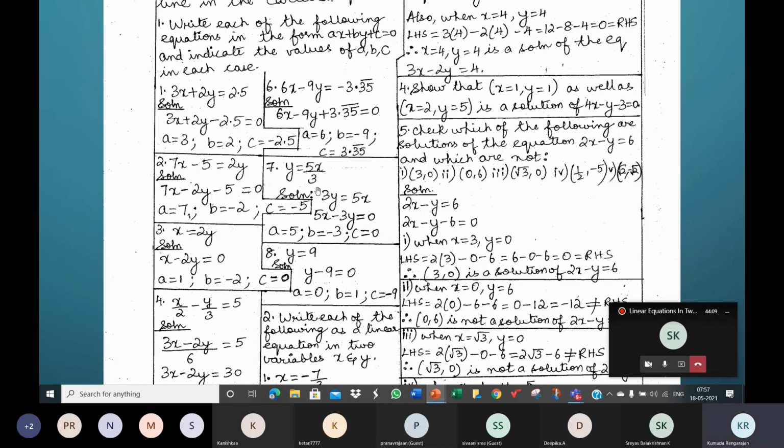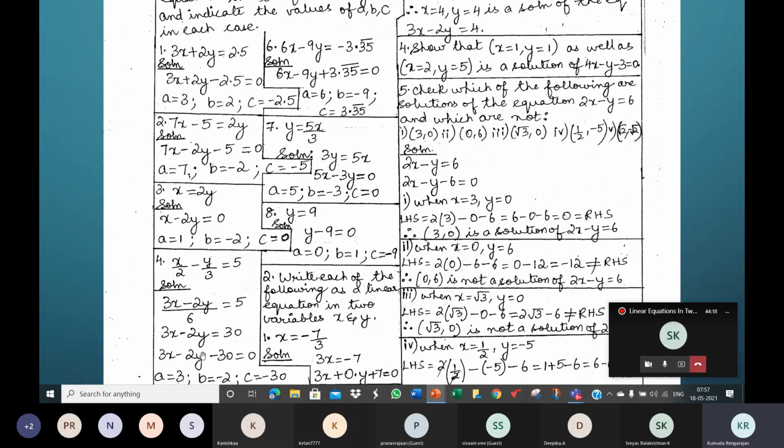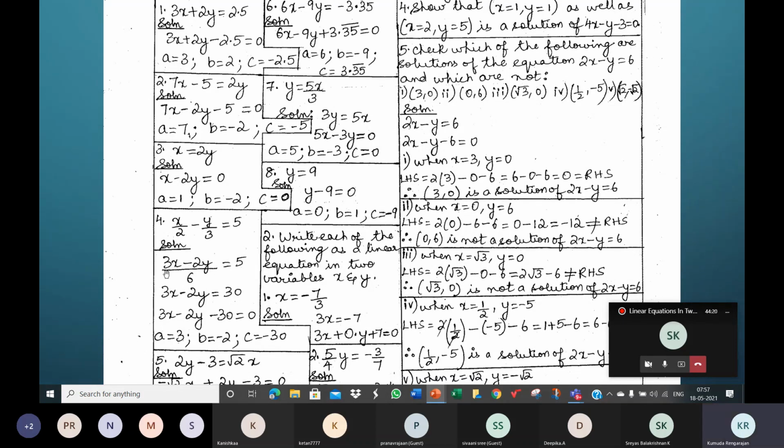So nothing much about this, children. That's all it is everywhere. So in the fourth one, you just need to take up the LCM. LCM of 2 and 3 is 6. So work this and cross multiply, and put it in the standard form like this. And then compare.